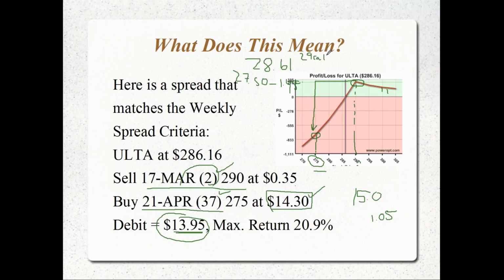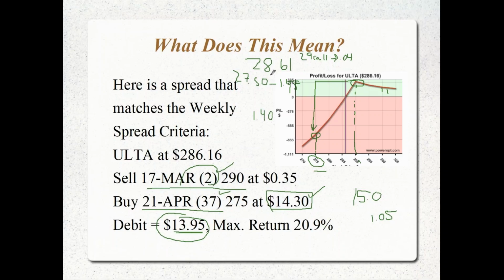But again, what's the price difference? Although this is at the money, we're looking at a lower price stock. Here we are at 14.30, so I might only be buying this for 1.45, a factor of 10. But that also means the option premium I'm selling might be a factor of 10. We might only get 4 cents or 5 cents, not 40. So I drop my debit down to, let's call it $1.40.